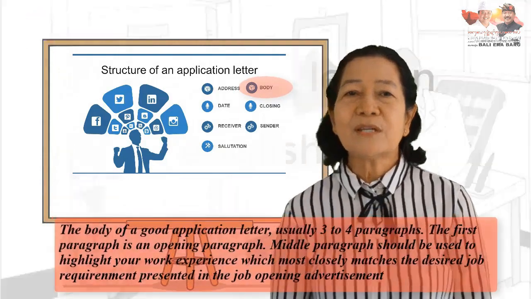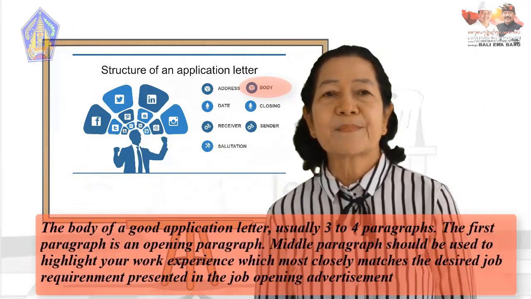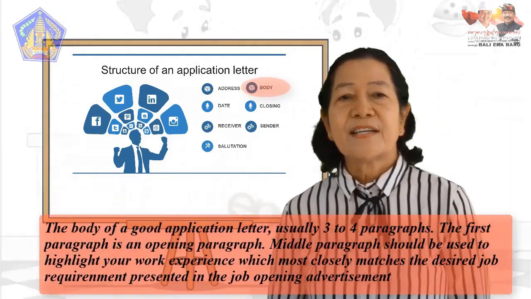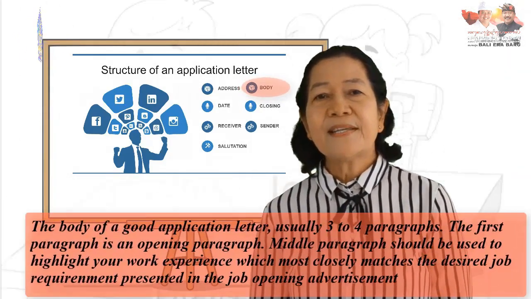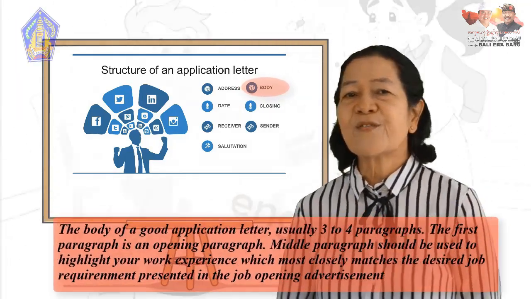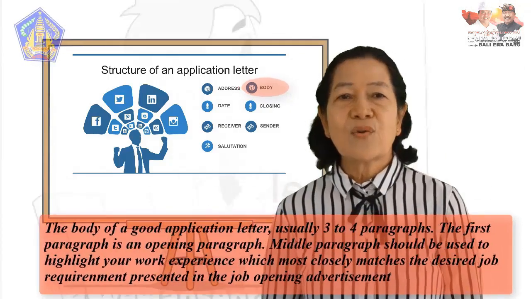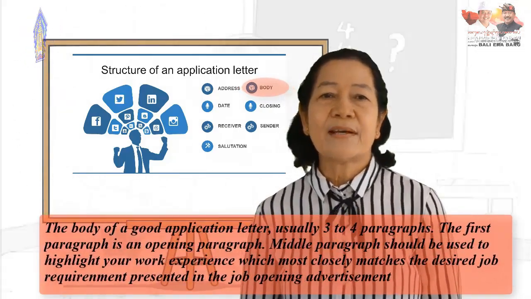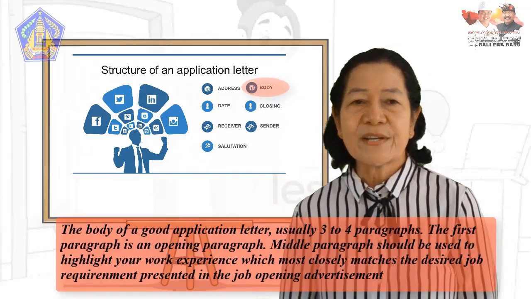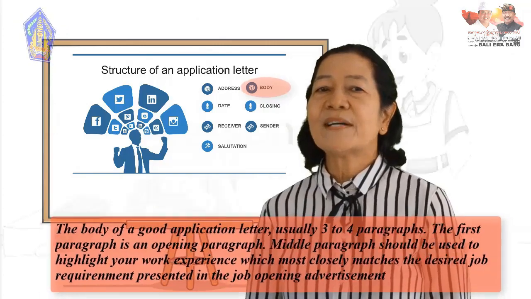The body of a good application letter is usually 3 to 4 paragraphs. The first paragraph is an opening paragraph. This paragraph is used to specify which job you are applying for, or if you are writing to inquire whether a job position is open, to ask about the availability of an opening.